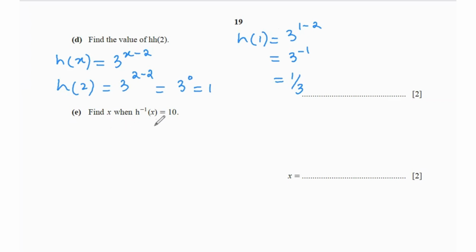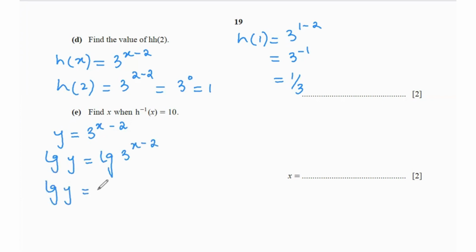Then find x when h inverse of x is equal to 10. So to find h inverse, first you put the function equal to y. Now we take logs on both sides. We'll bring the x minus 2 power down. This is 3. So now we divide log of y by log of 3, which equals x minus 2.